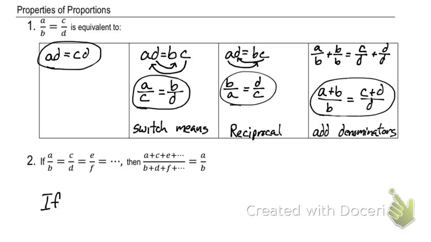If we had 1 over 2, which equals 2 over 4, which equals 3 over 6. Do we all agree that those 3 are equal?